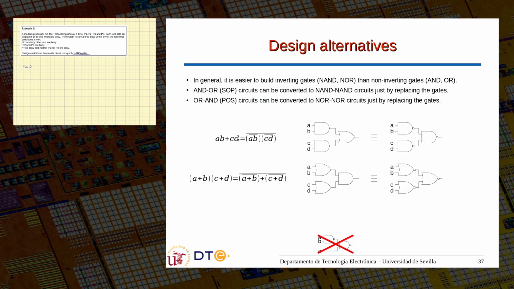when we have a sum of products, we can do it with a first level of AND gates and a second level of OR gates, but we can find an equivalent expression by double complementing this expression and using Morgan's theorem. So the same operation I can do by changing all my AND operations to NAND and all the OR operations to NAND as well.